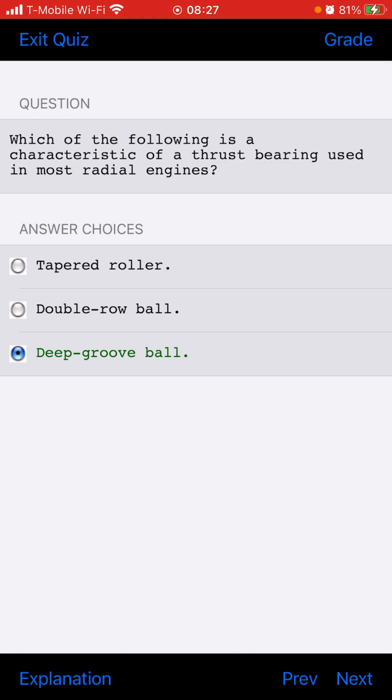Valve overlap allows a greater charge of fuel-air mixture to be inducted into the cylinder.